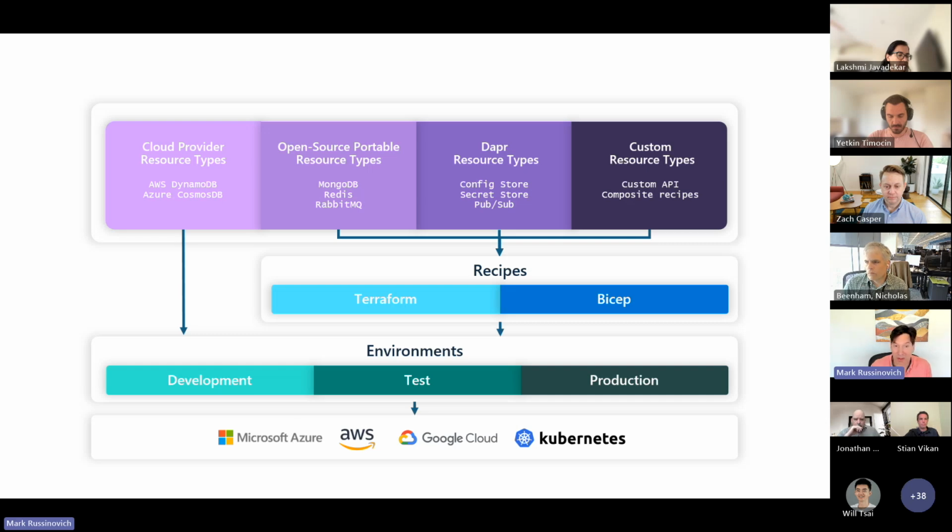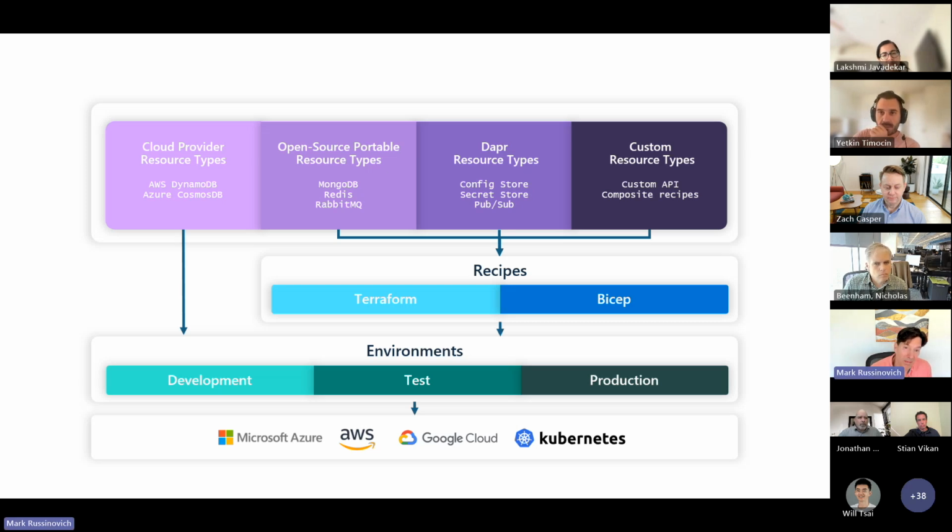One of our customers, for example, has a concept of a database that can fail over between regions, but the developers don't have to worry about that. They just instantiate one of these databases, and underneath the hood, the templates that the platform engineering team has defined go and stand up those failovers across regions.